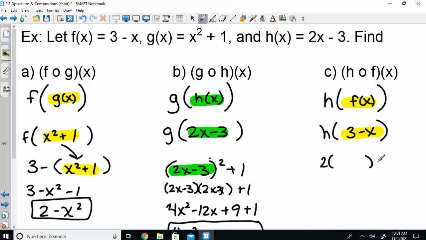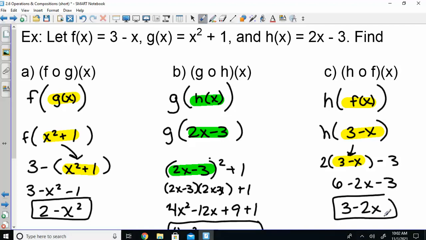So h is 2 times whatever you plug in minus 3. And that thing I'm plugging in is my 3 minus x. So we get 6 minus 2x minus 3. So 6 minus 3 is 3 minus 2x.